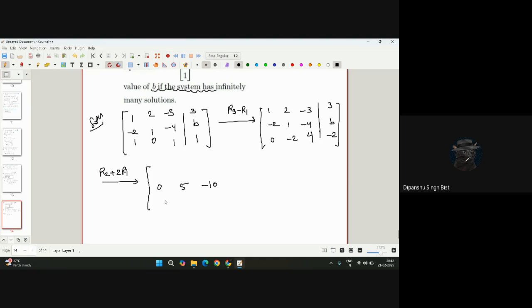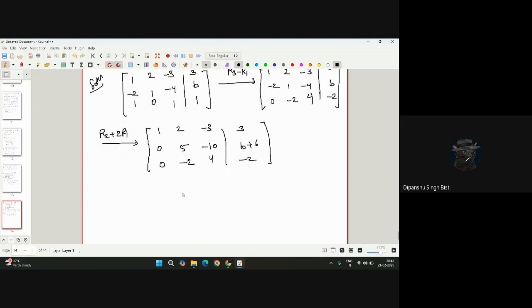And now we have 0, minus 2, 4. Now B plus 6 and then minus 2. We did this, right? R2 plus 2 times R1. Yeah, correct. So now it's easy.